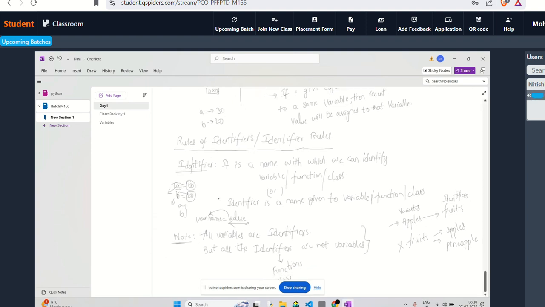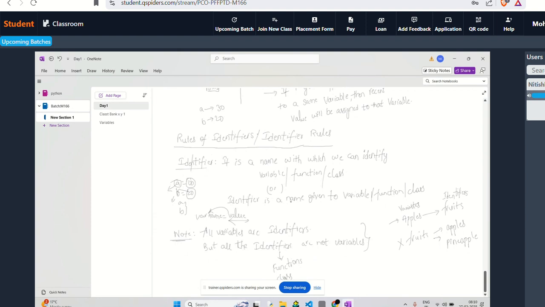Or one more definition: identifier is a name given to a variable or function or class. See, here I gave A as a variable name. Here A is an identifier. How am I identifying this value with this name?